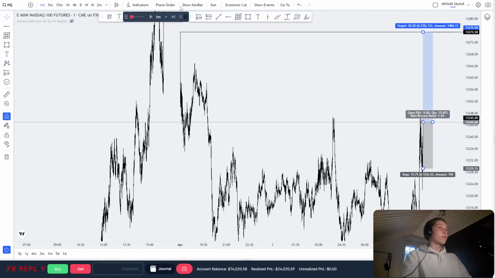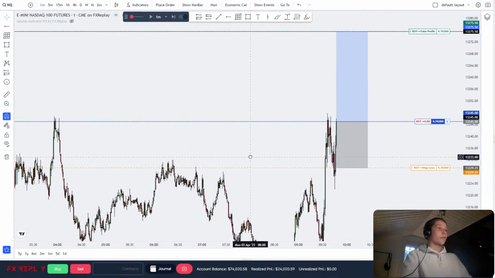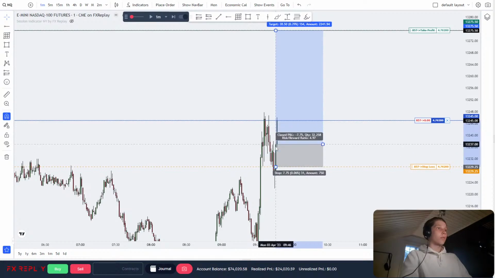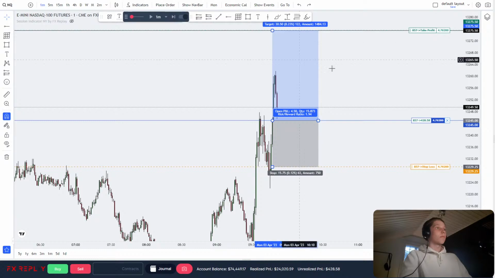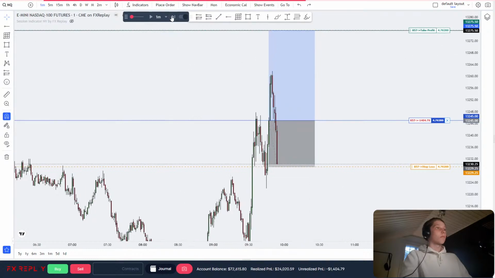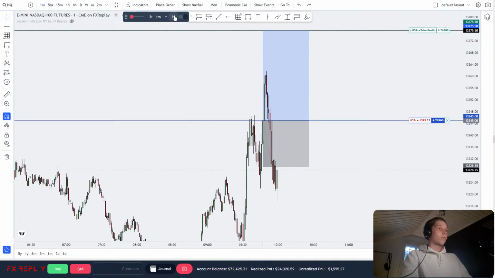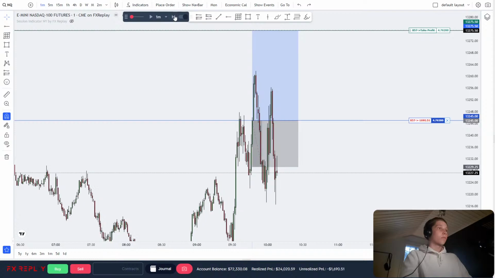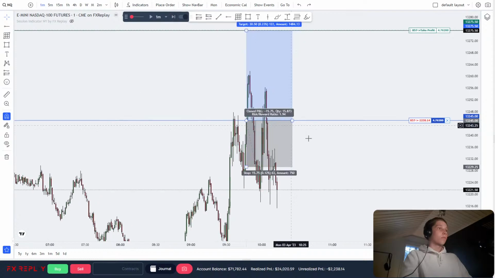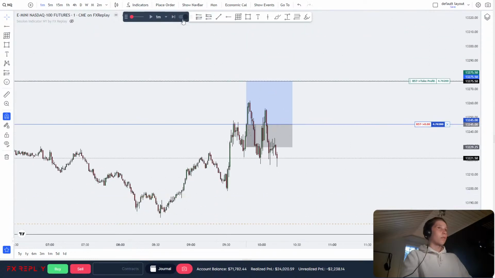I'm targeting this gap. This is the real one. I should have taken the trade really here, but missed it. Nice to fuck off with these break evens.